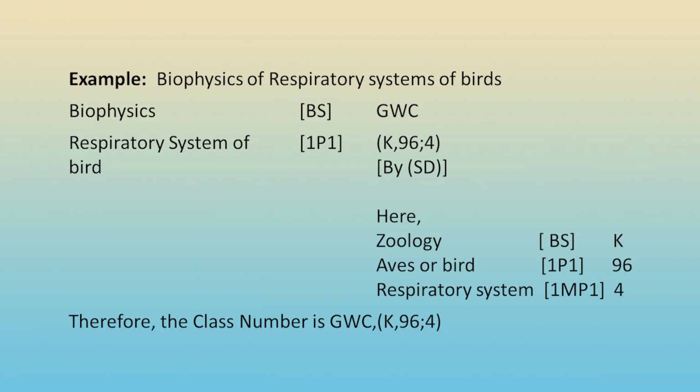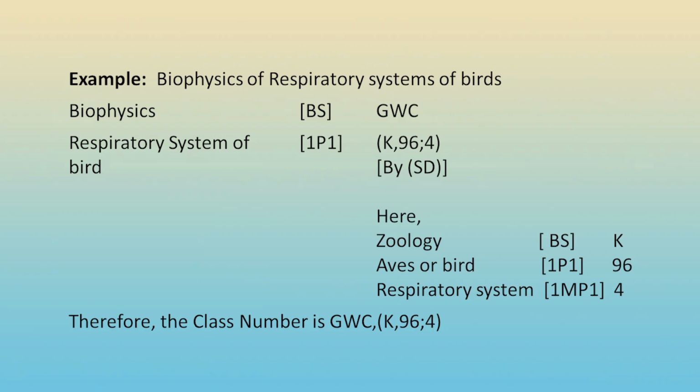Again, biophysics of respiratory system of birds. Here we see the notation for the basic subject biophysics is capital G, capital W, capital C, and respiratory system of bird is to be derived by using subject device.